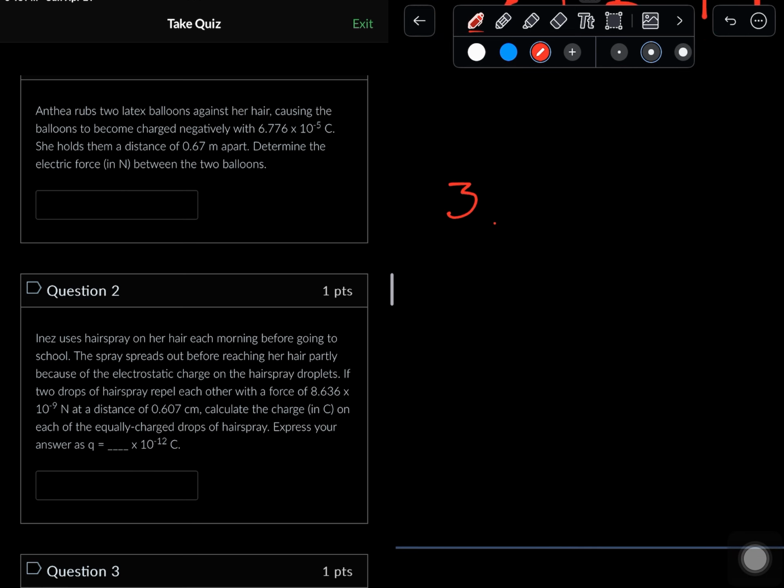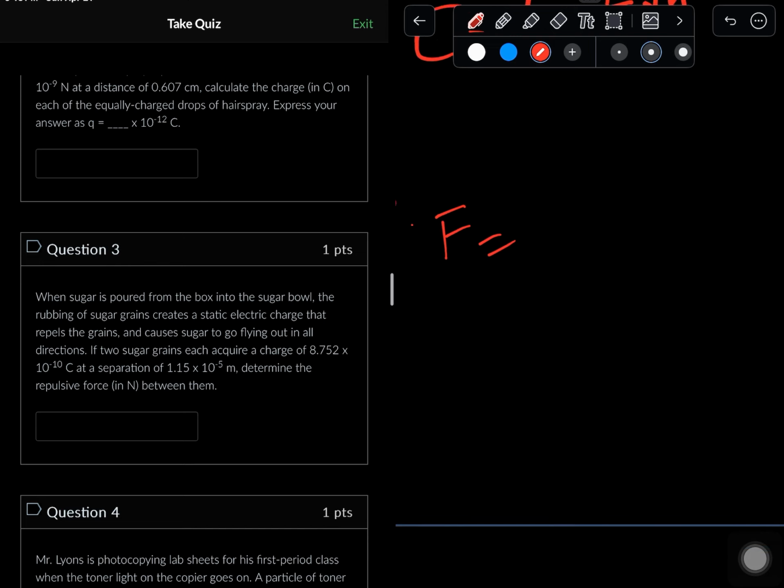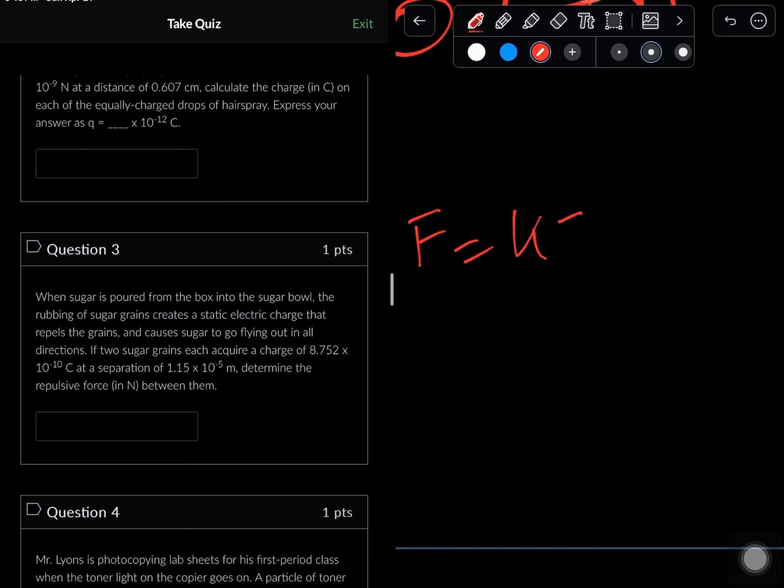Question number 3. Question number 3 states that sugar is poured from a box, and each of the grains acquires a certain charge. You know the distance, you want to find the force between them. This is the exact same as question number 1, where F is equal to K times Q1 Q2 over R squared.